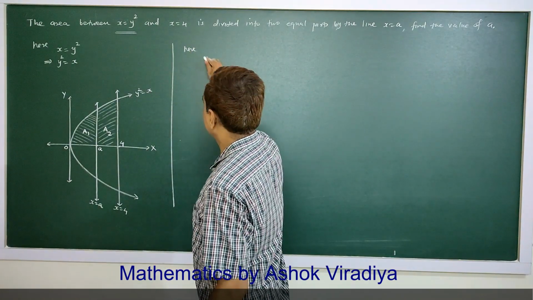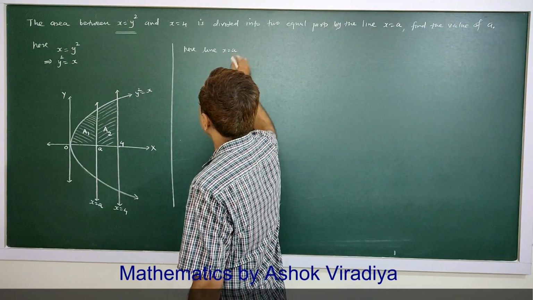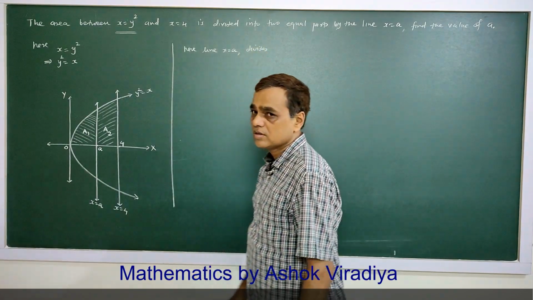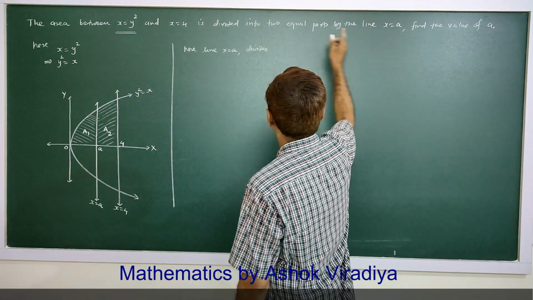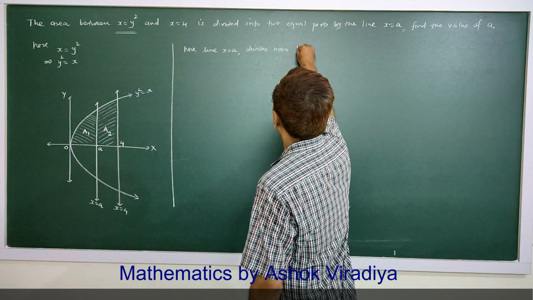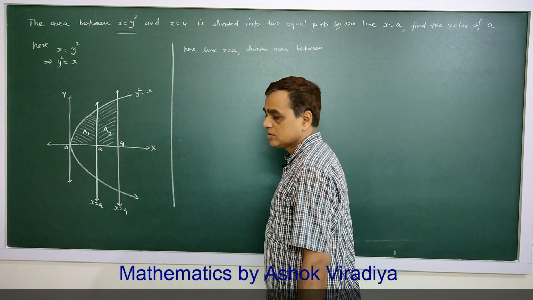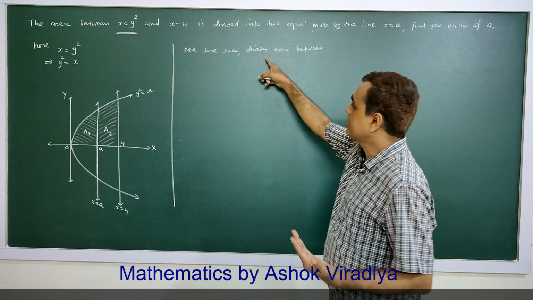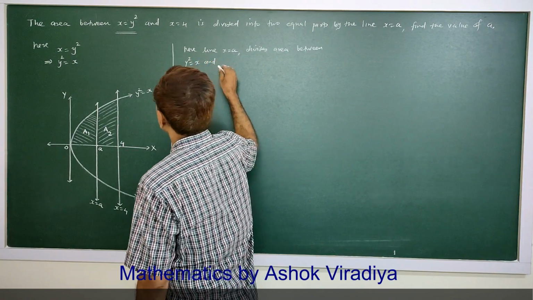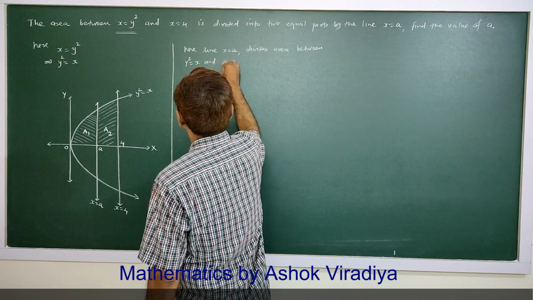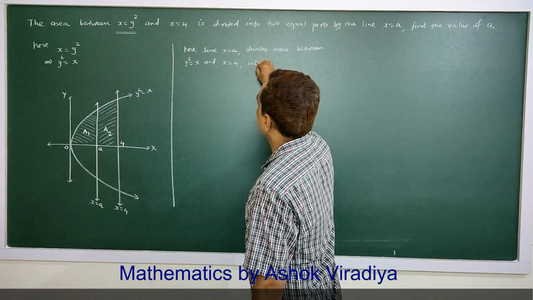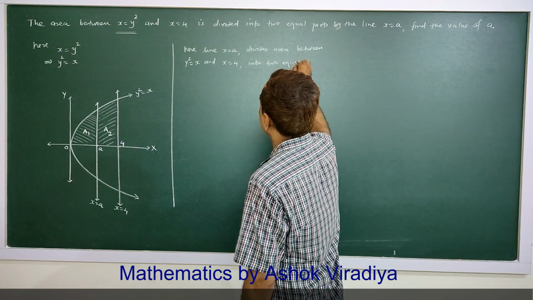The line x equal to a divides the area between y square equal to x and x equal to 4 into two equal parts.